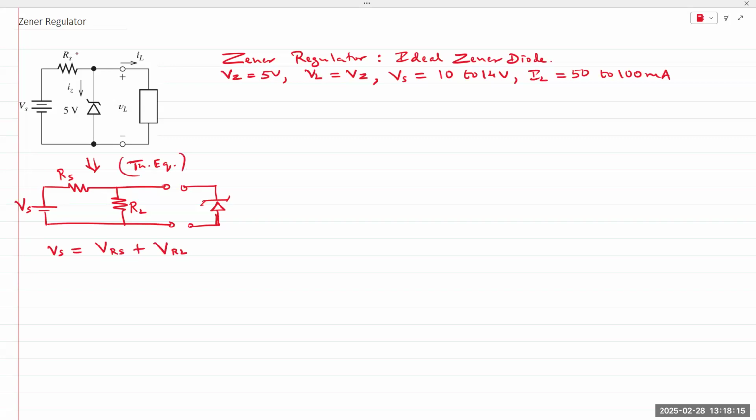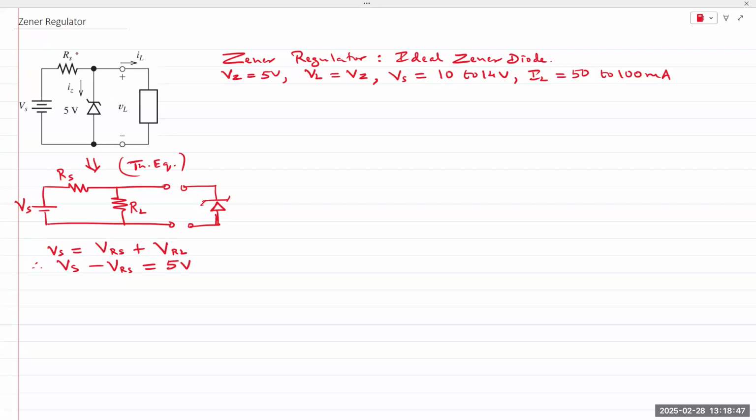VRL is fixed. It must be 5 volts. That's the whole point of regulation. VRL cannot change from 5 volts.